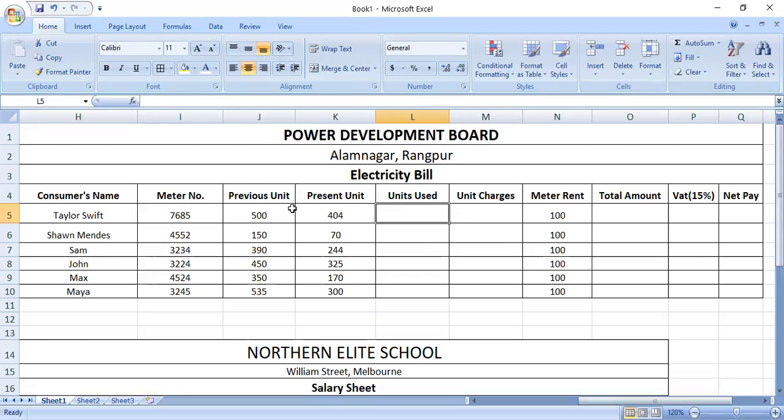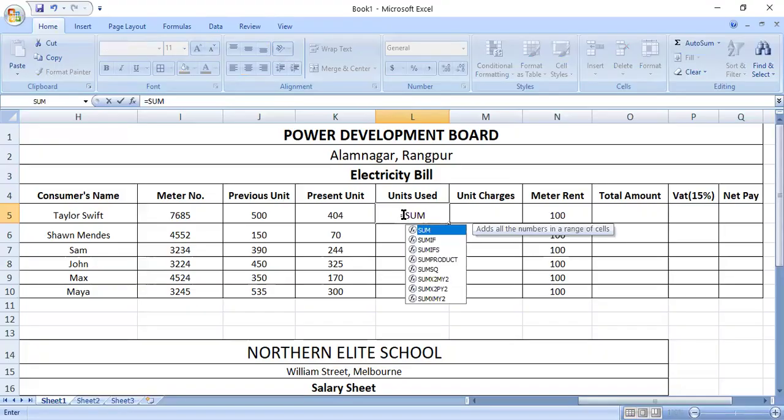We need to subtract the previous unit from the present unit. So the formula for that goes like equals sum, first bracket. The previous unit is in column J, row 5. So we will be writing J5, which is the name of the cell.